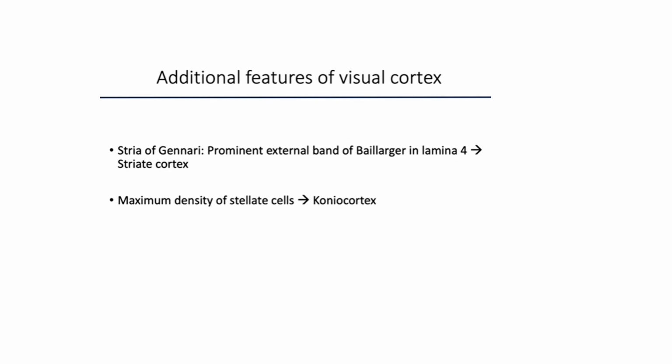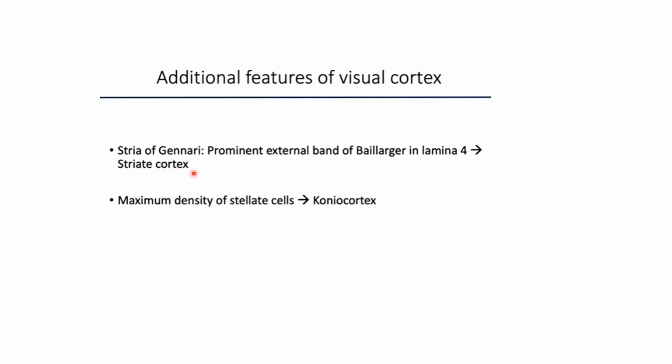The additional feature which you will see in the visual cortex is called the stria of Gennari. This is the prominent external band of Baillarger, which is present in lamina 4 or the inner granular layer. So we have the stria of Gennari, which can be seen in the visual cortex or the striate cortex.